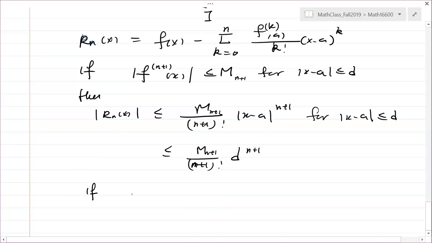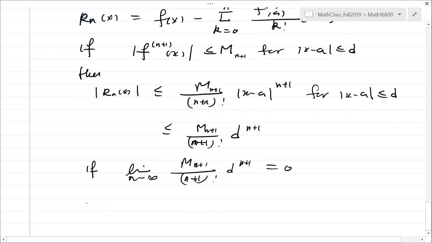So if the limit of this is 0, then what do you say?